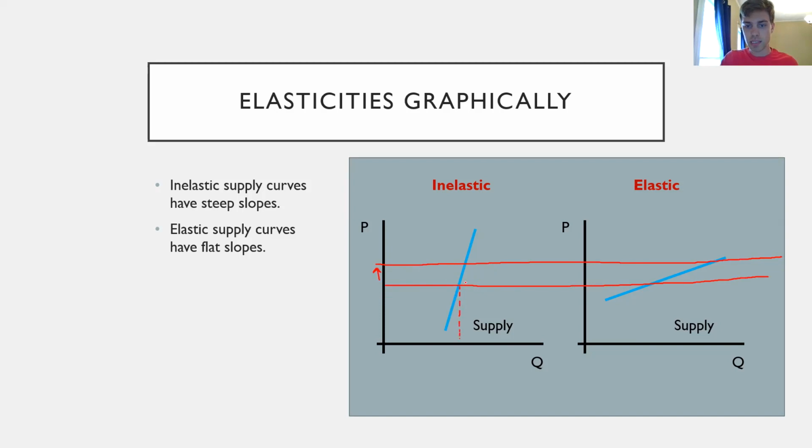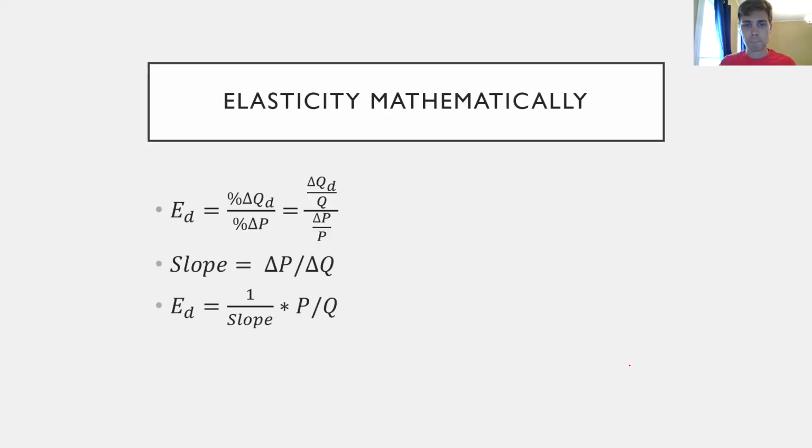Again, with the inelastic supply curve, we see very little change in the quantity supplied, whereas in the elastic supply curve, we see a large change in the quantity supplied. So again, that's the difference. Elastic is much more responsive to price, inelastic not so responsive to price.